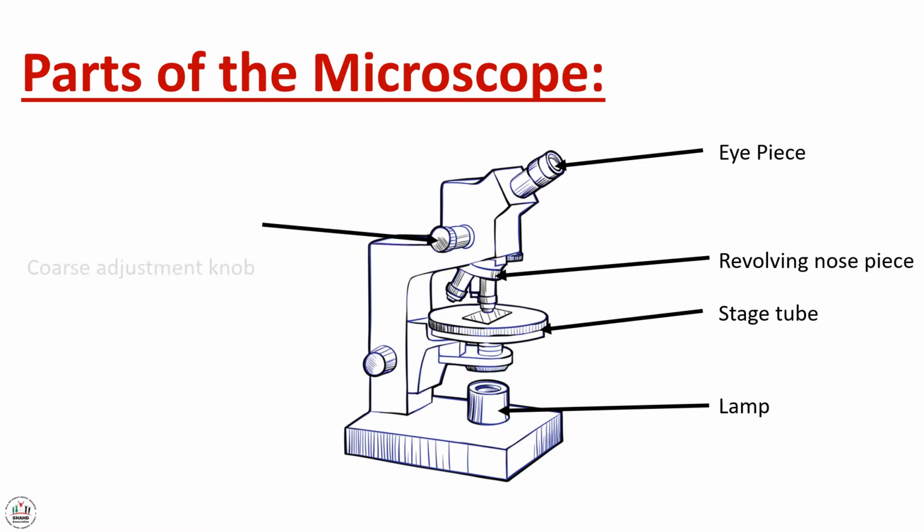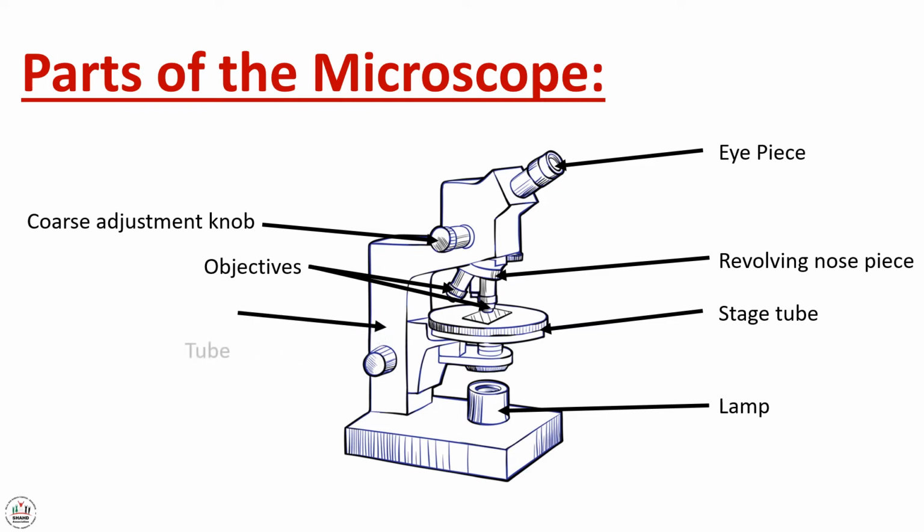While this is coarse adjustment knob. And these are the objectives. And this is the location of tube, while this is the fine adjustment knob, and this is the base. Okay.